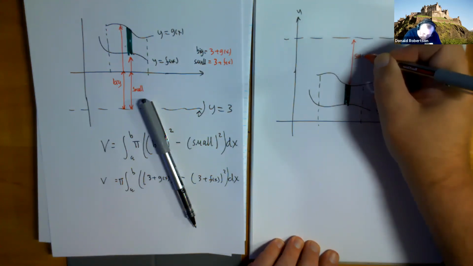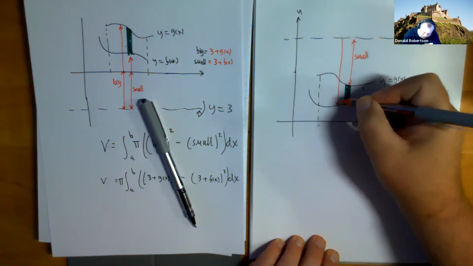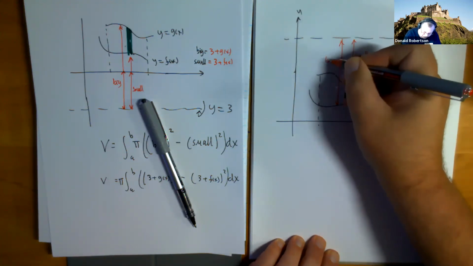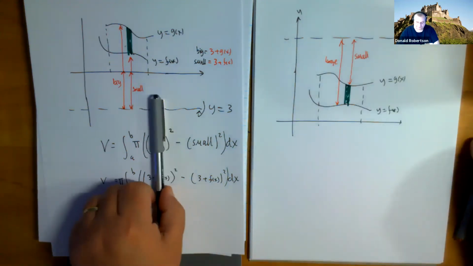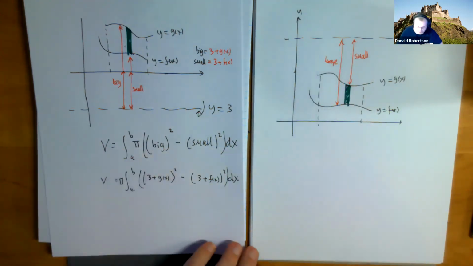That's the shortest one of the two, that's the small radius. And this one, that's the large radius. So as long as I can find out who these two are, I've pretty much done the question.